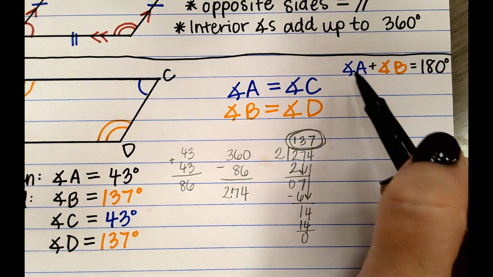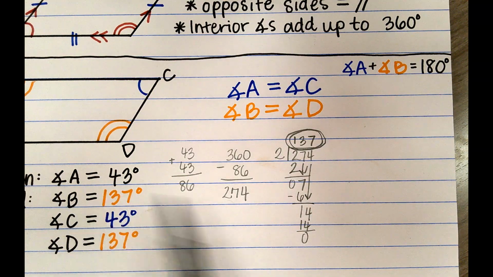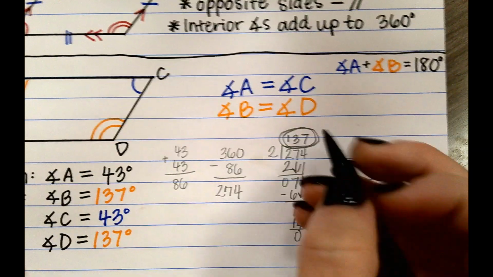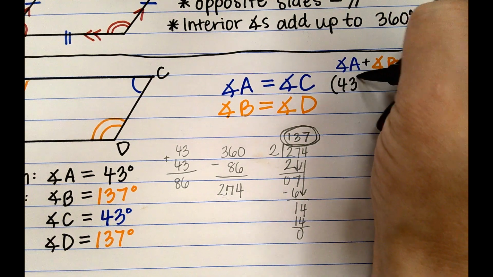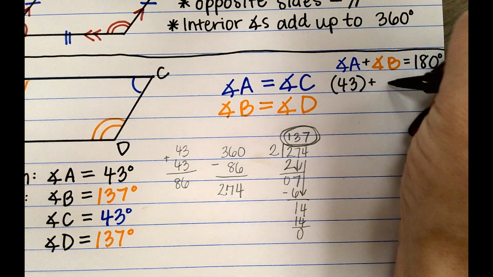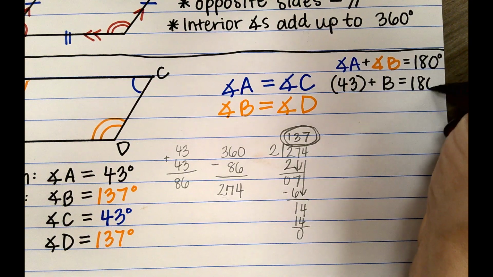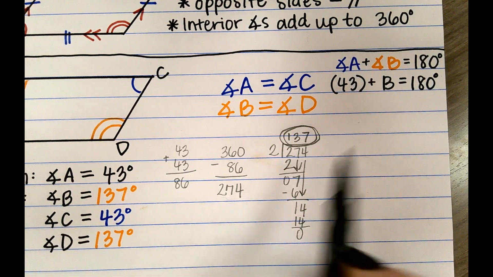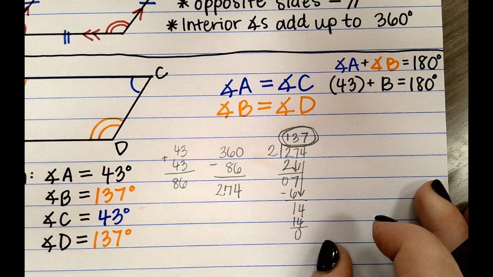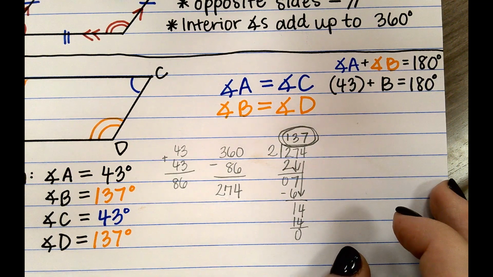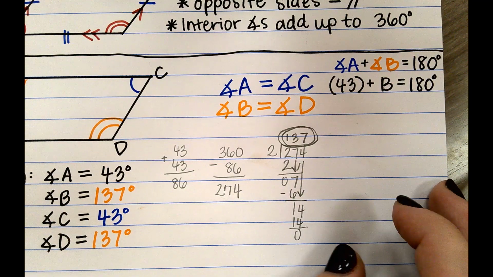So if I wanted to use this kind of formula here, I could say, well, I know angle A is 43, so let's plug that in for A. Bring down plus B equals 180. And then how would I solve this equation? 43 plus B equals 180.